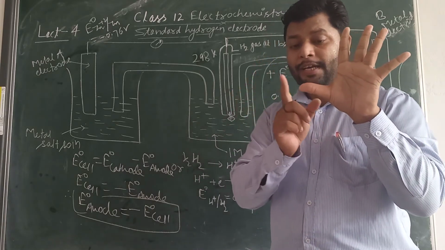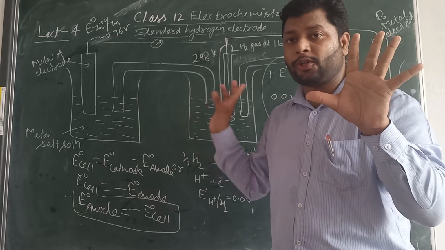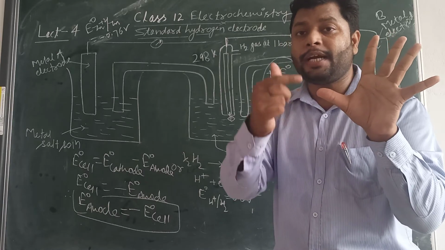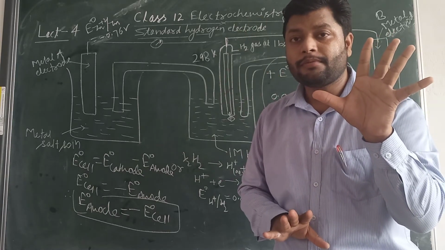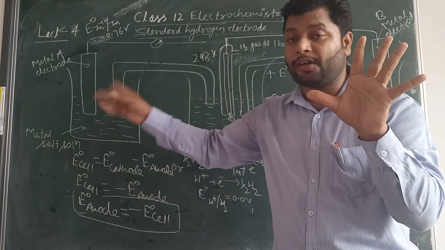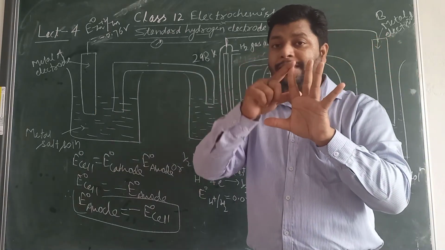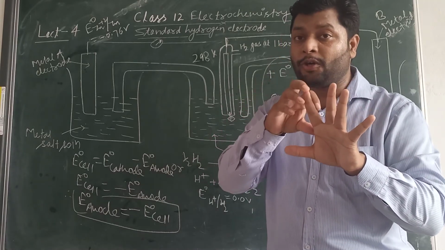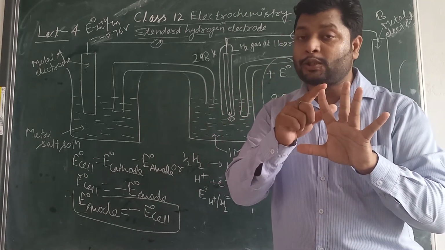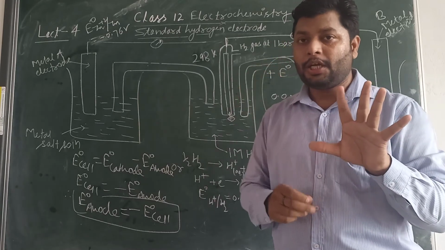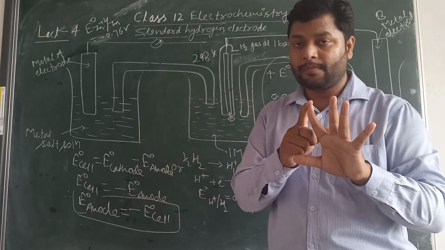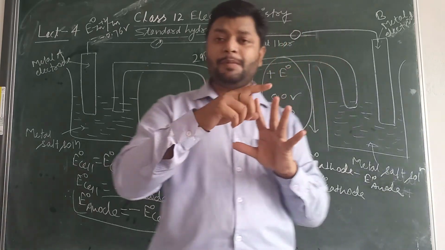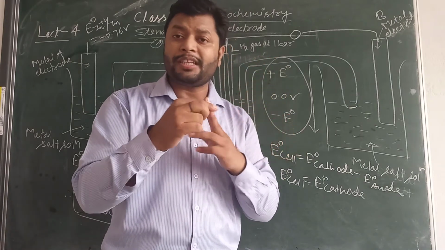Metal A, when connected with the hydrogen electrode, acts like an anode. So metal A has more tendency of oxidation than hydrogen, because at the anode the oxidation process occurs. Suppose metal B also acts like an anode compared to hydrogen. So metal B also has more tendency of oxidation. Oxidation means release of electrons. Suppose metal C has less tendency, meaning it acts like a cathode compared to hydrogen.